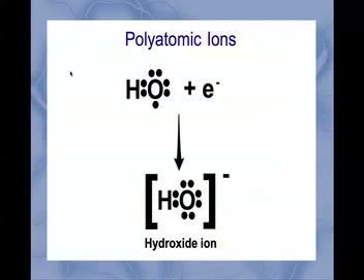Like monoatomic ions, polyatomic ions have different numbers of protons and electrons, and so carry a charge. That charge is not localized to a specific atom in the group. It is associated with the entire group.